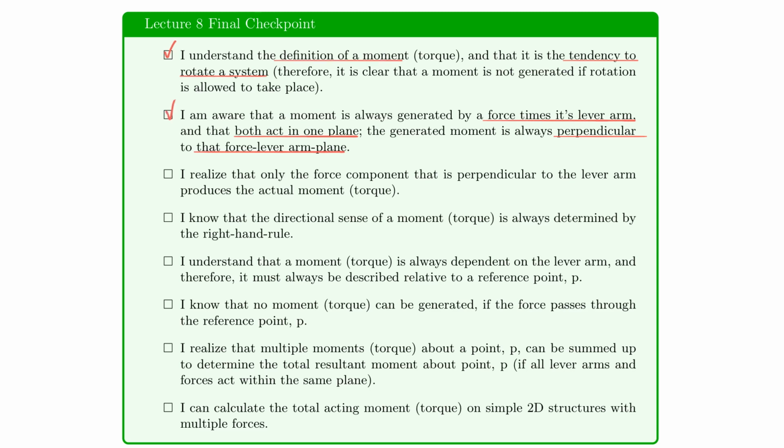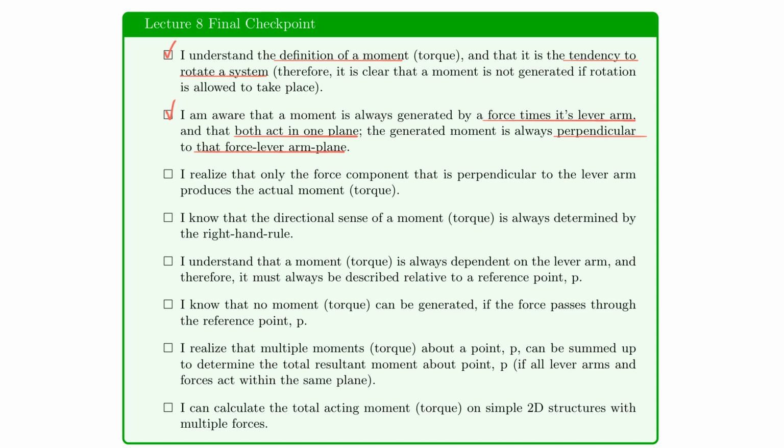I mentioned this to you because we only dealt with XY planes, and therefore the moment was described by clockwise and counterclockwise, and therefore we got away with defining them as scalars and indicating the clockwise or counterclockwise. But in reality, those moments point in the z direction, and that's what we're talking about here, right? So you understand that the force lever arm plane is perpendicular to the actual resultant moment.